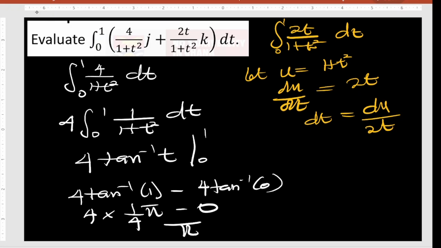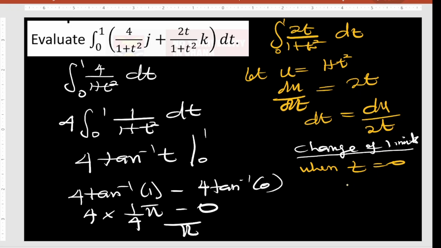Let's take note of this because we are doing the u substitution. We can change the limits. When t is equal to 0, that's the lower limit, u will be equal to 1 plus 0 squared, and that is 1.